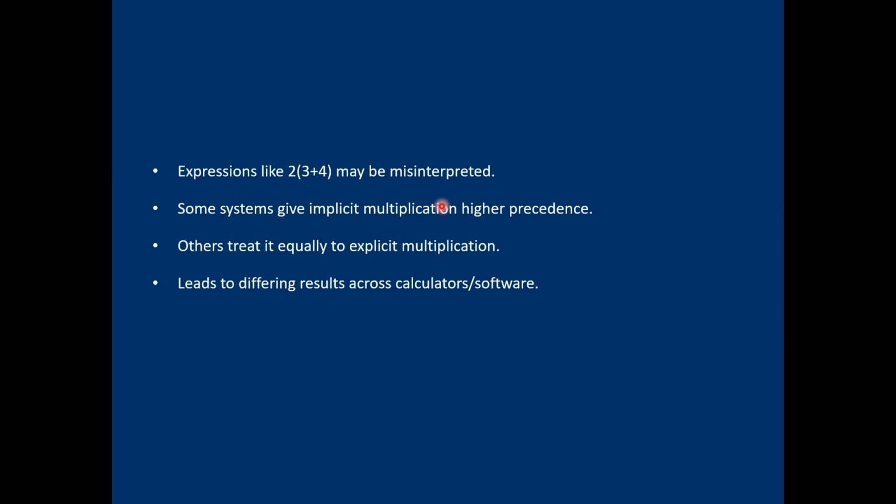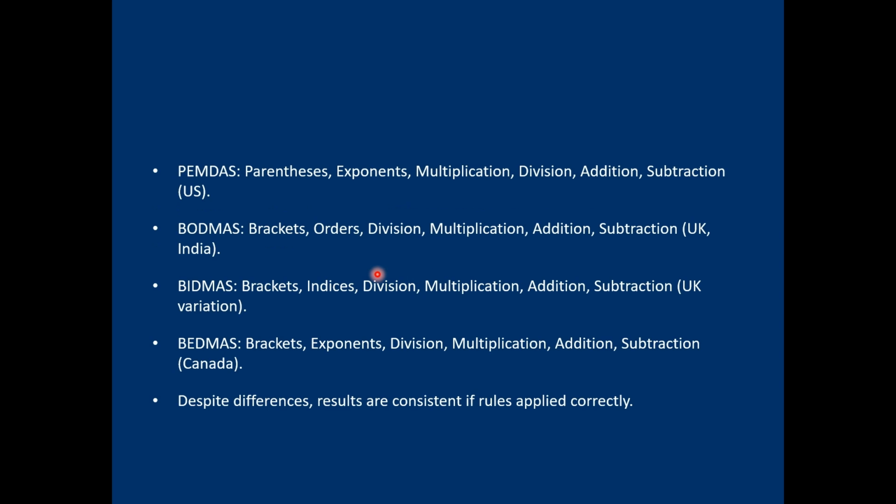Some systems do that, but if you're strictly following the way that PEMDAS and BODMAS are interpreted, it's treated equally. So it can lead to differing results across calculators and software. There are some Casio calculators that give implicit multiplication higher precedence than division or explicit multiplication. Just something to be aware of. You'll see a lot of the viral problems online that deal with that.